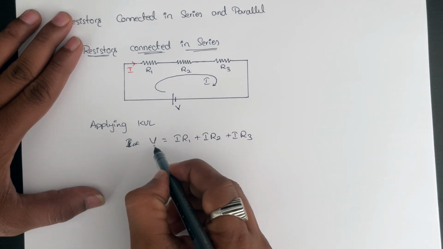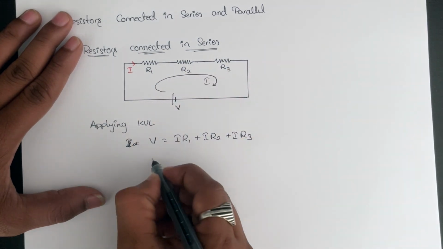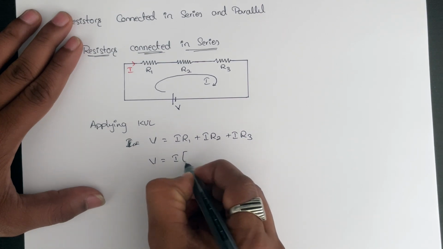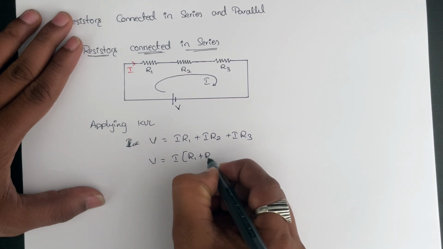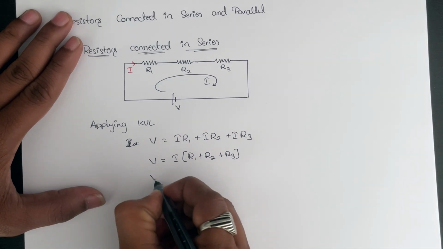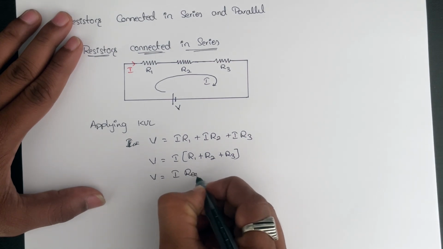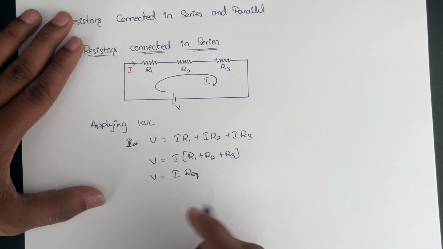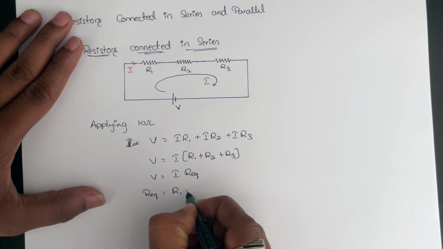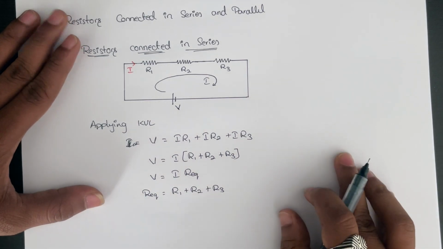Now the total voltage rise will be equal to the voltage drops in the loop. Now V is equal to, if we take the current common, I into R1 plus R2 plus R3. Now V is equal to I into R equivalent, where R equivalent is R1 plus R2 plus R3.